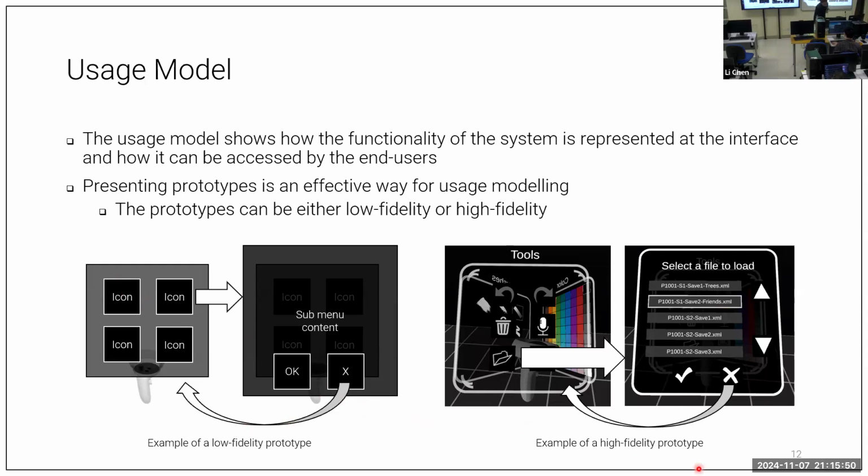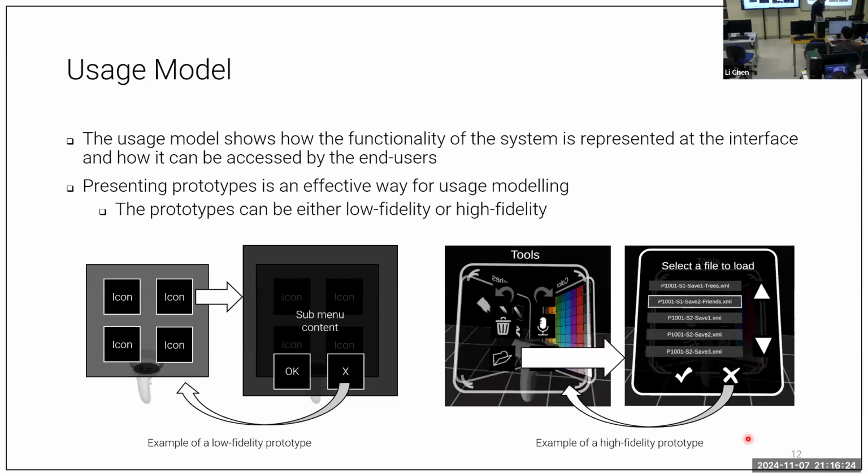So yeah, but then you can do a high fidelity prototype. You use some ways to implement this. Maybe at the very beginning, all these functions have not been done. So for example, this is an application that we did a few years ago to enable remote art therapy in virtual reality. As you can see here, maybe some of the functions for these tools have not been implemented yet, but at least we can develop the interface and try out the interface first, right?